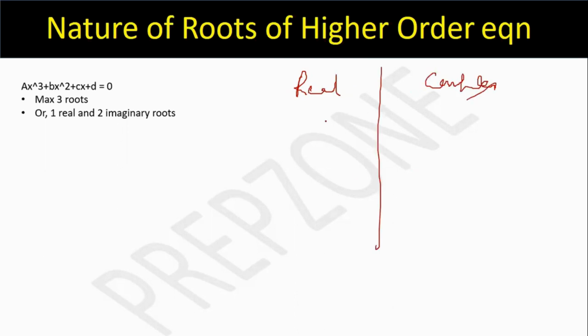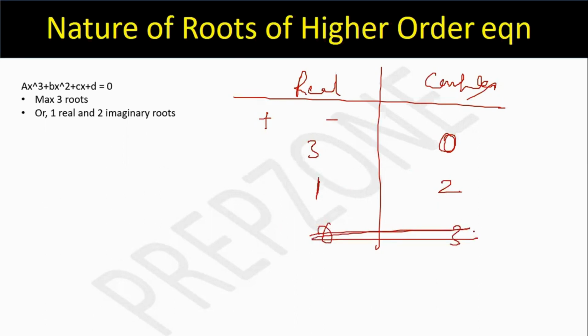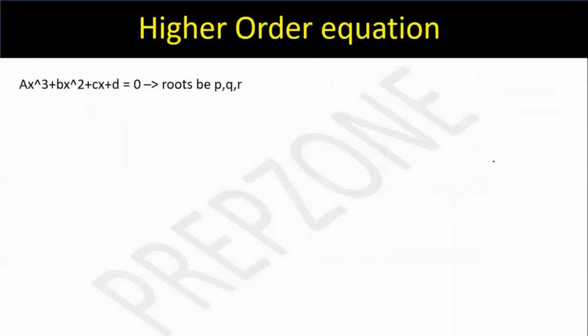If the roots are real, it can be either positive or negative. वो secondary है, right? But I can have 3 real roots and 0 complex roots. Next possibility is complex roots are 2 and real root is 1. I can't have 3 complex roots and 0 real. ये तो possible ही नहीं है because complex roots have to be always even because they always occur in pairs. So I have only 2 possibilities for a cubic equation. ठीक है? Simple thing.